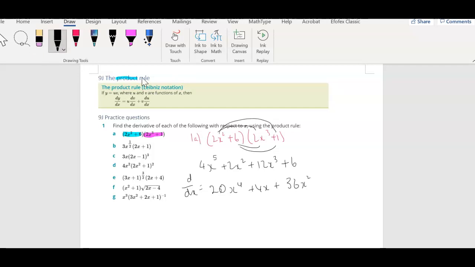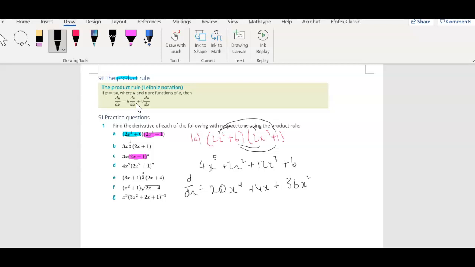So the derivative isn't that hard to find, but if I compare this to D, or actually we'll do C, if you have a look at this bracket, it's to the power of 3. If you expanded that, you can do that, but it will take you a long time. So sometimes I think it's easier just to expand and then find the derivative, or you can use the product rule.